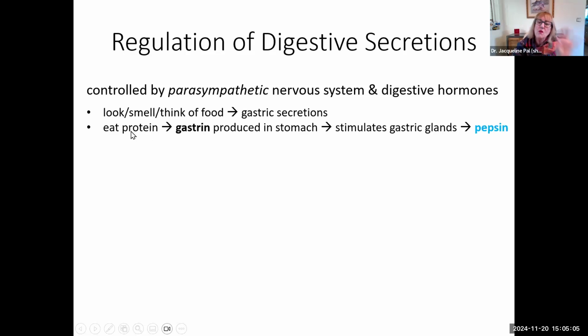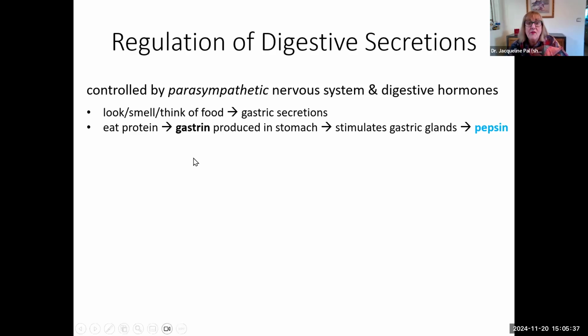And here's the thing, when we eat protein, our stomach produces something called gastrin. I know I haven't talked about gastrin before, but when we eat protein specifically, we're going to make gastrin. What gastrin does is stimulate our gastric glands, which make hydrochloric acid and pepsinogen, and then the hydrochloric acid converts pepsinogen, and we get pepsin.